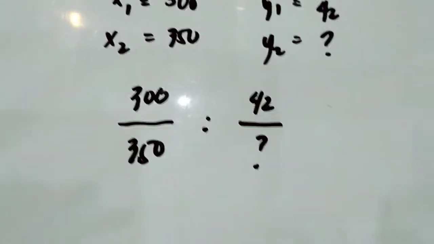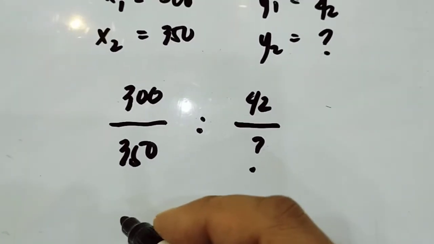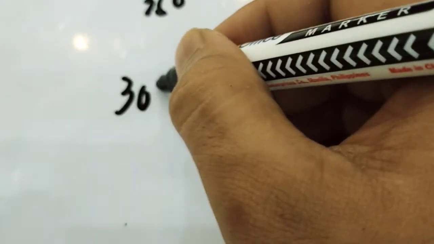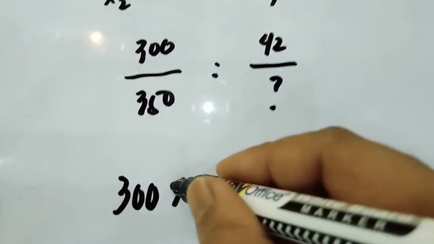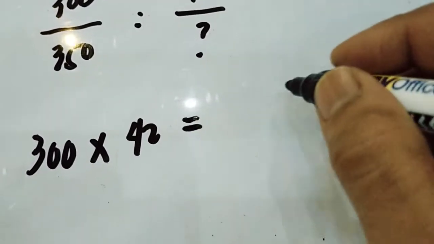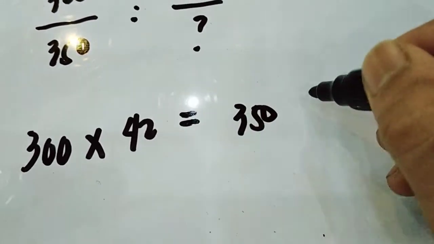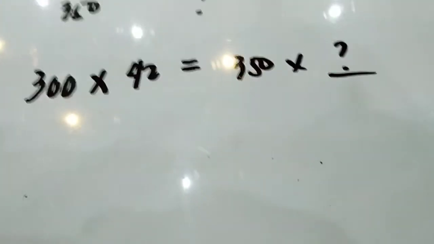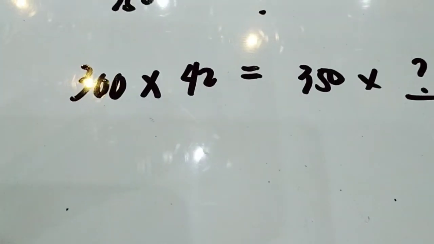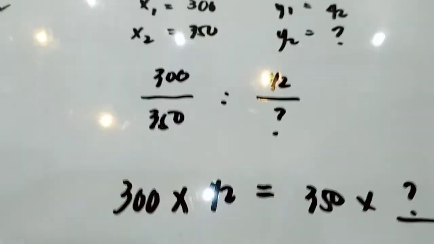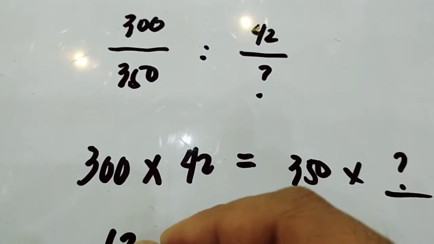So what we'll do is 300 times 42 is equal to 350 times the unknown, which is x. So 300 times 42 is equal to 12,600.